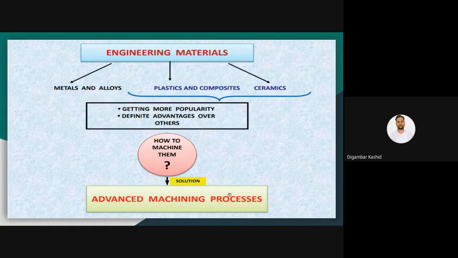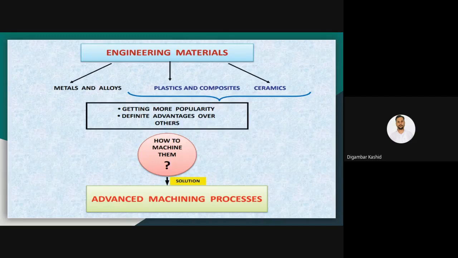So this is one reason for how to machine that hard material. The answer, or solution, is advanced machining processes. Okay, getting it?